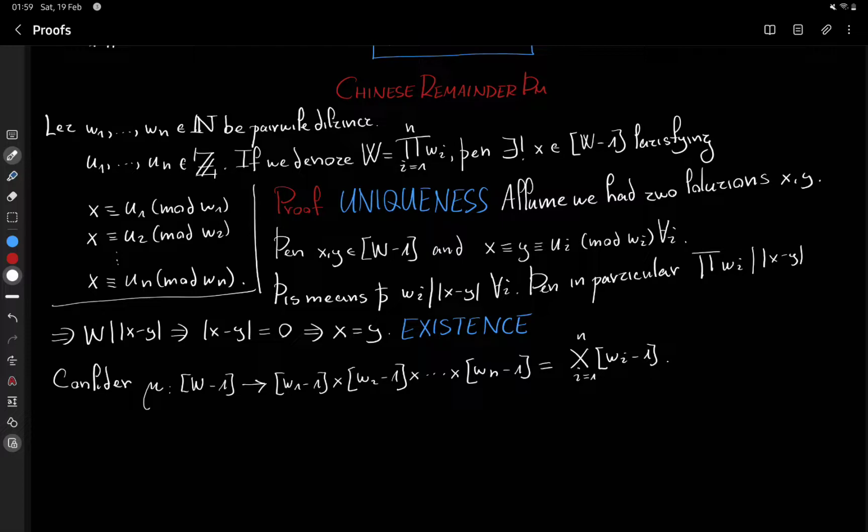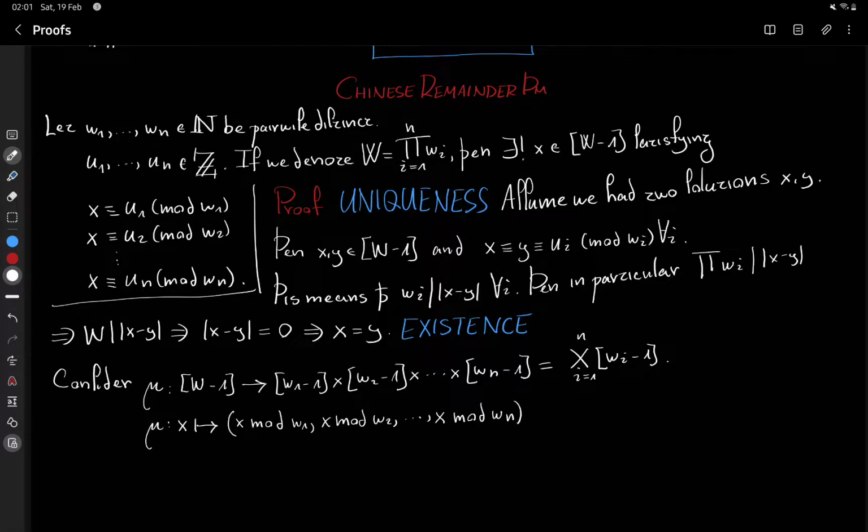Alright, well, why are we doing this? This looks awful. Well, because we define it in the following fashion. We map any given X onto X modulo W1, X mod W2, until X mod Wn.